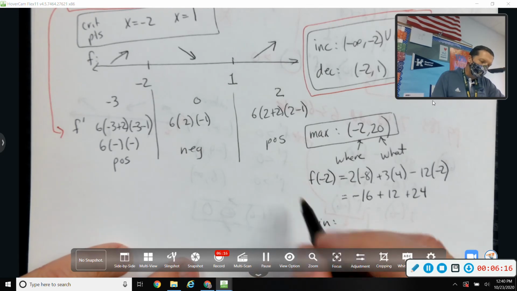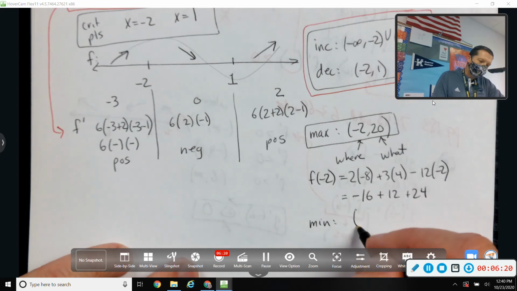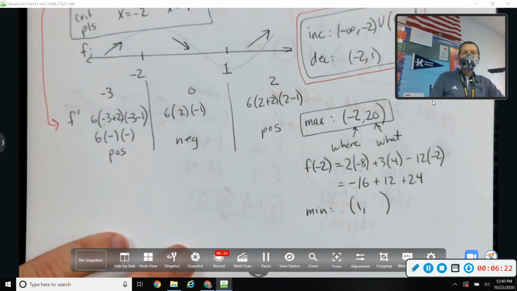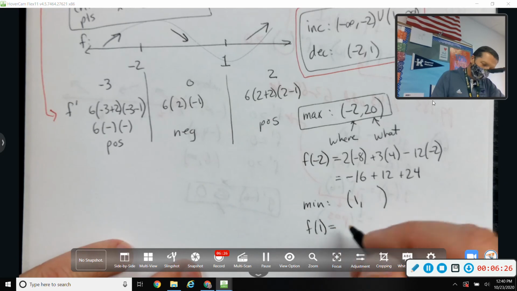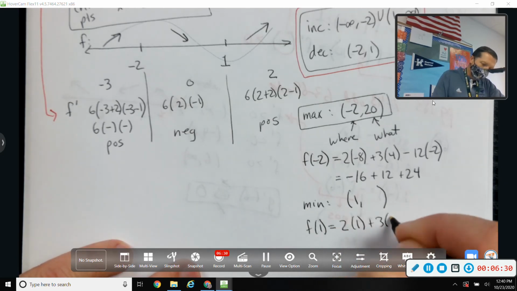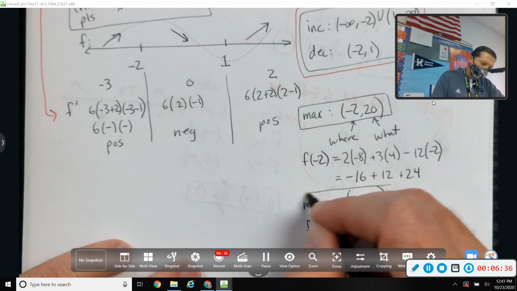A relative min happens at x equals 1. Let's find the y value there. So 2 times 1 plus 3 times 1 minus 12. 5 minus 12 is negative 7.